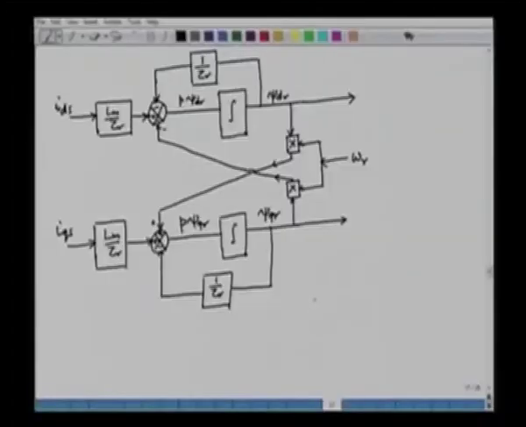So what we are evaluating here is psi dr and psi qr, and from psi dr and psi qr we can get the information about the flux angle, that is theta e. So how do you obtain theta e? Theta e can be obtained by taking tan inverse of psi qr by psi dr. And please remember, these are basically fluxes in the stationary reference frame.